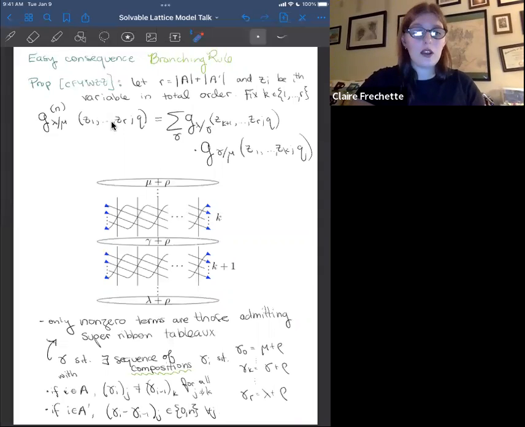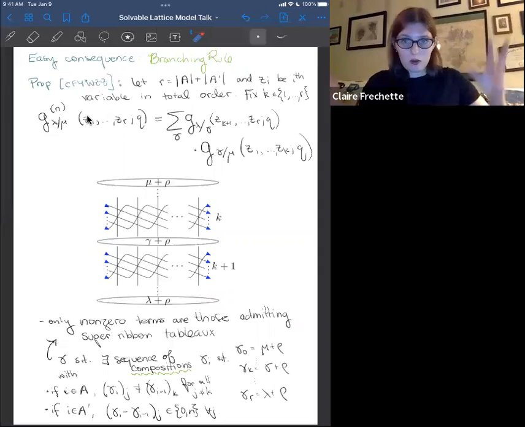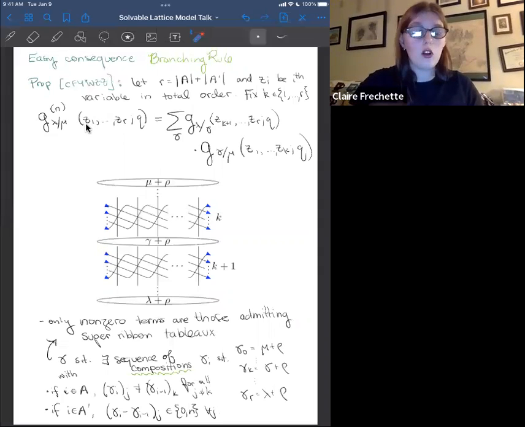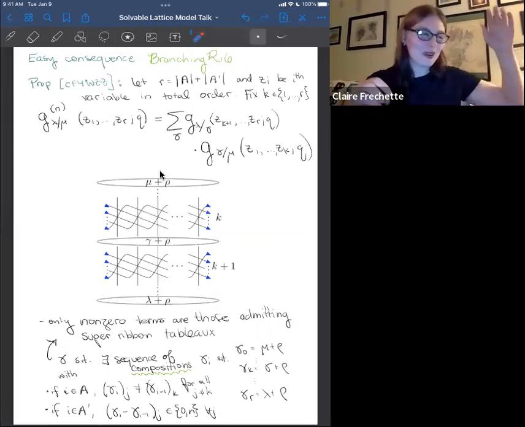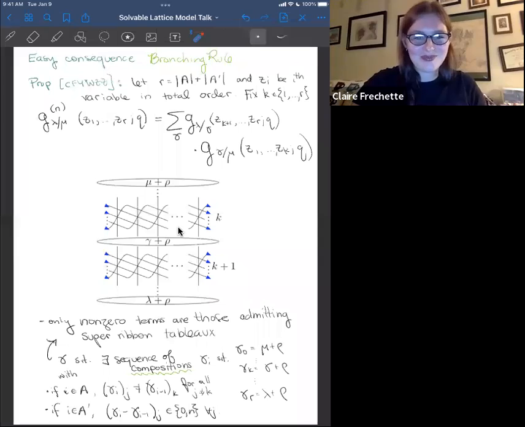So if we set some superset of our parameters, we're just going to call them all z's for a second, the top end of our parameters appear in this piece that goes from gamma to mu. That's right, we're numbering top to bottom in this model. And then the other half of our parameters appear in this piece that goes from gamma to lambda.